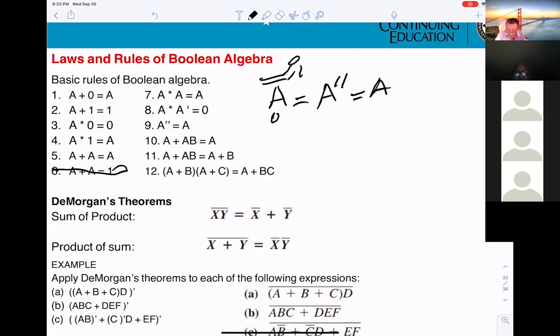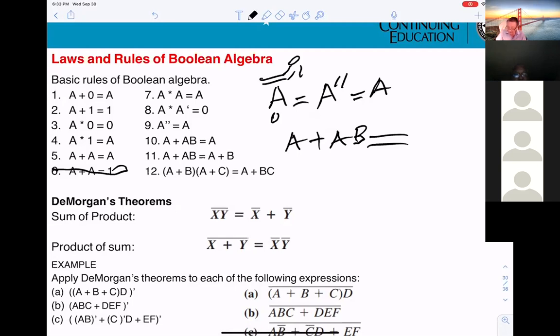Okay? Number 10. A or AB? The answer will be A. I'll prove it.